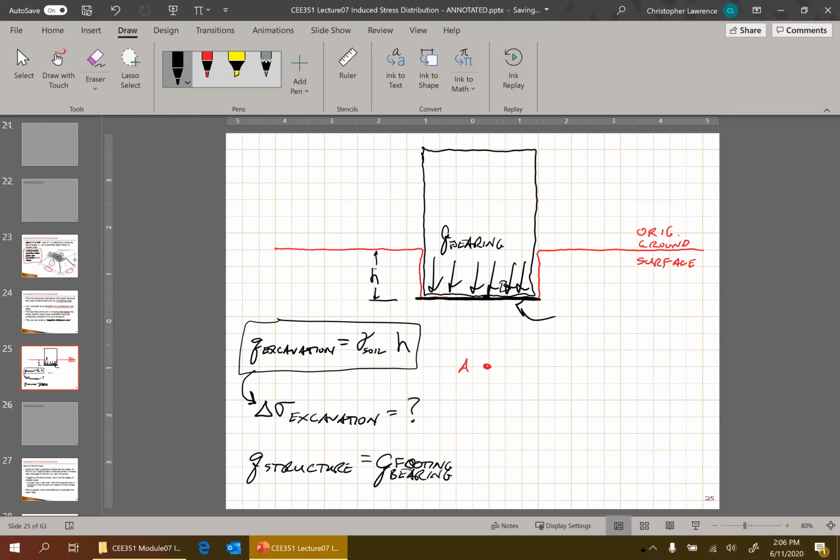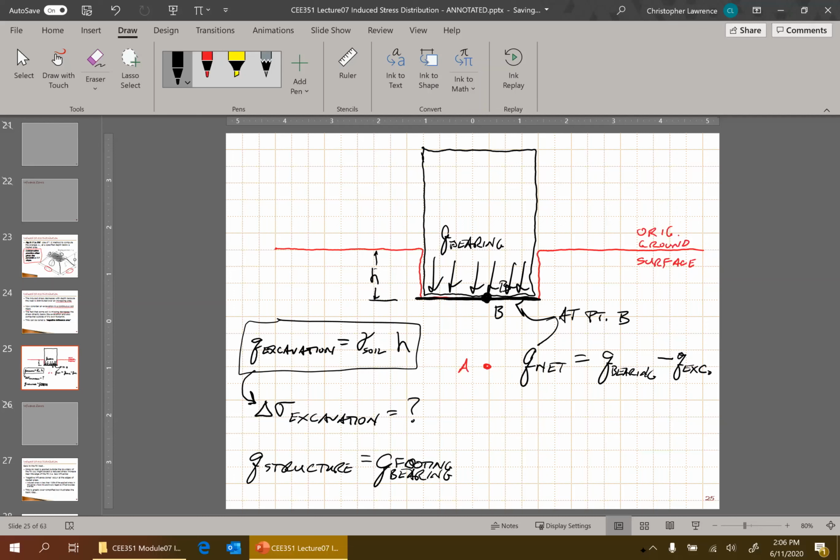We have to consider Q net, the net pressure applied at point B. There's a positive pressure applied by the structure, and there's a negative pressure from the excavation.